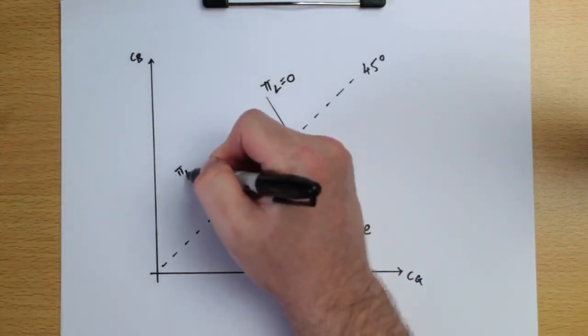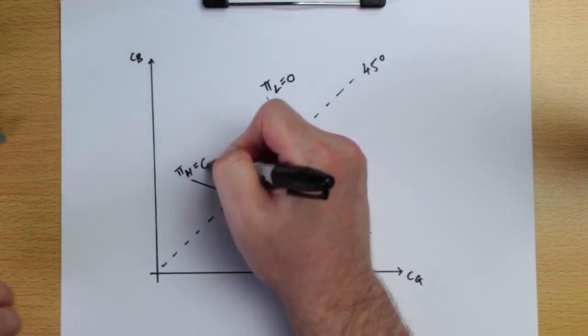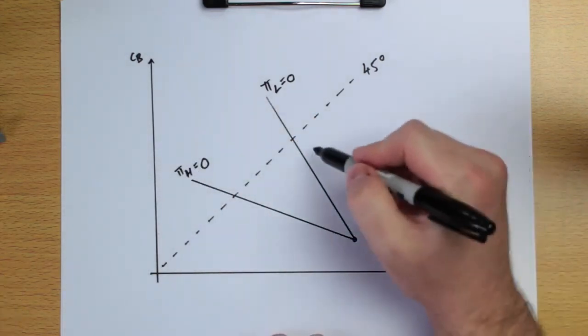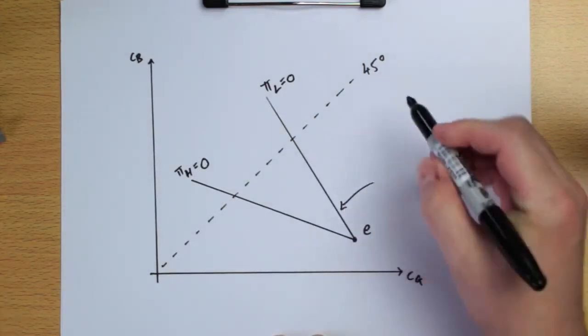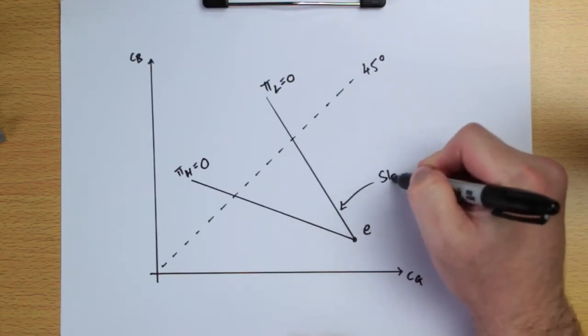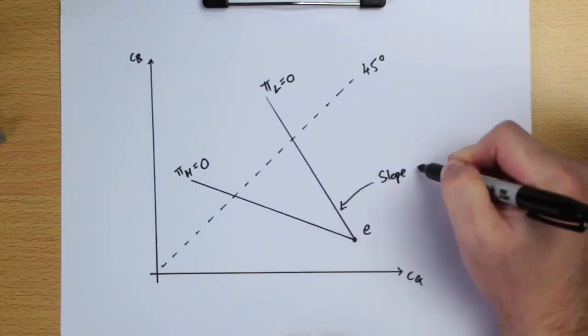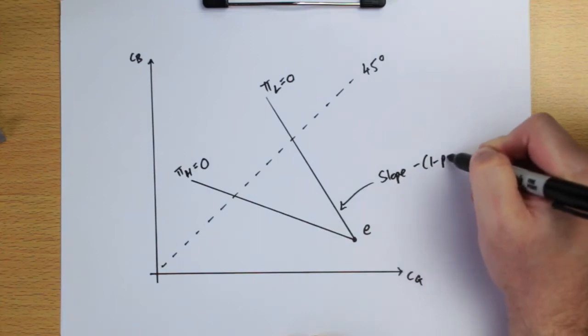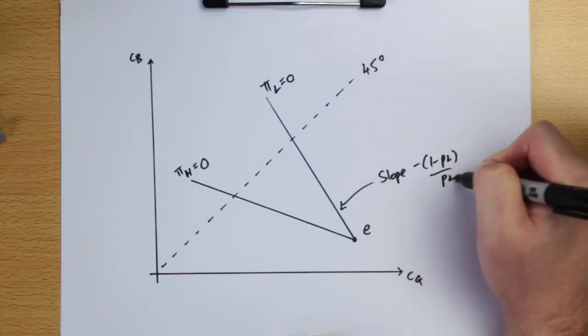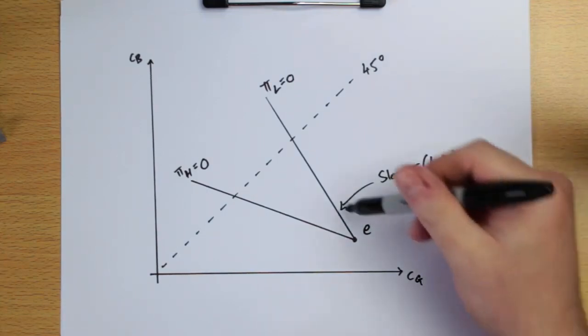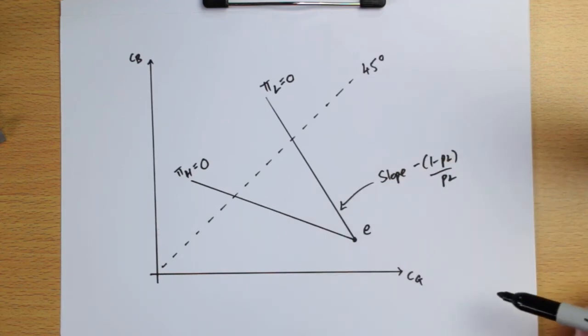And I'll label this as the 0 profit line selling to high risk types. You can remember that this low risk 0 profit line has slope 1 minus PL over PL. So it's an ISO cost with that slope, and it passes through the endowment, which is what makes it a 0 profit line rather than just any old ISO cost.